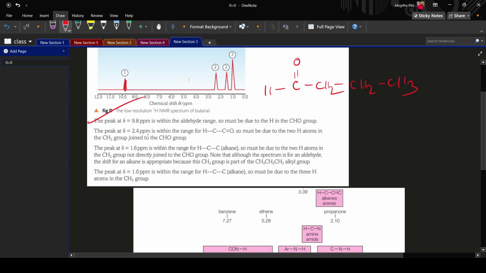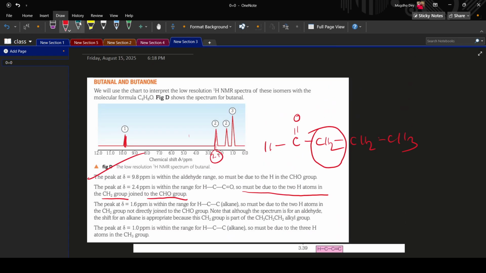Now the peak at 2.4 ppm. Where is 2.4? Somewhere here. This one is 2.4, I believe. Yes, it is within the range for HCCO, so it must be due to the two hydrogen atoms in the CH2 group joined to the CHO group. So basically, they're trying to say this one.